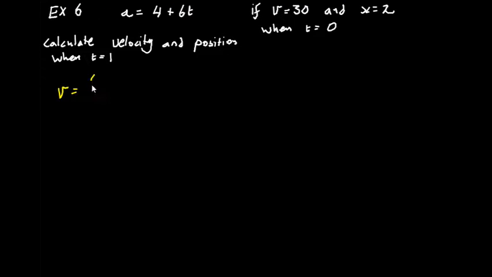So v is the antiderivative of 4 plus 6t dt. So we get 4t plus 6t squared on 2 plus c, and we just need to find out what that is.